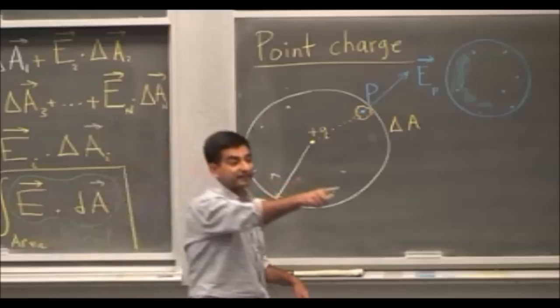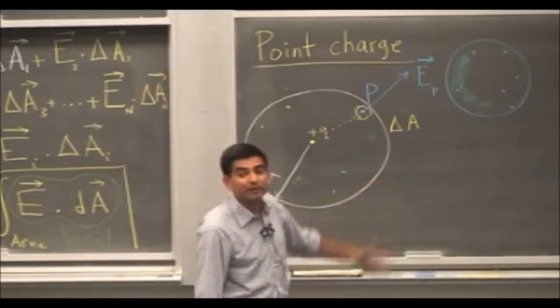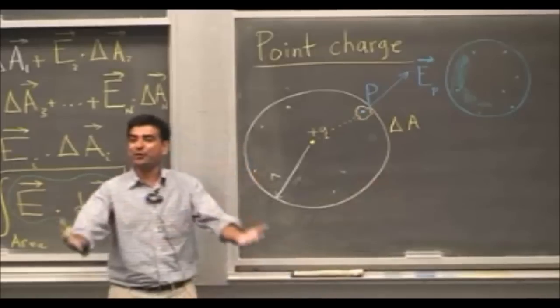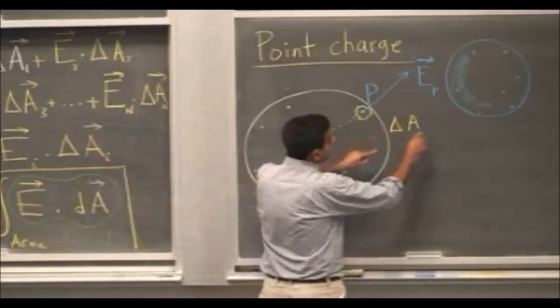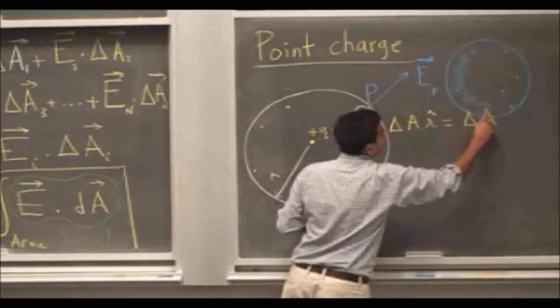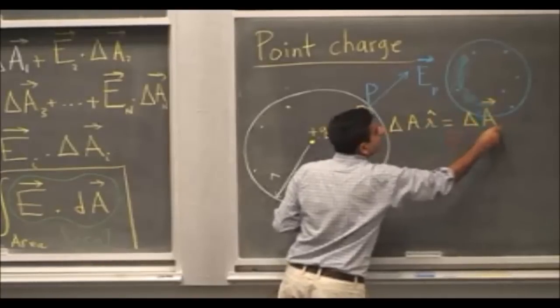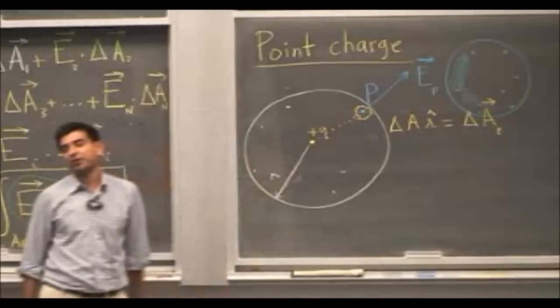Outward. This area vector is also pointing outwards because this is our convention. So I define a delta A which is pointing outwards. This is my delta A vector at point P, because I made a patch that is centered at point P.